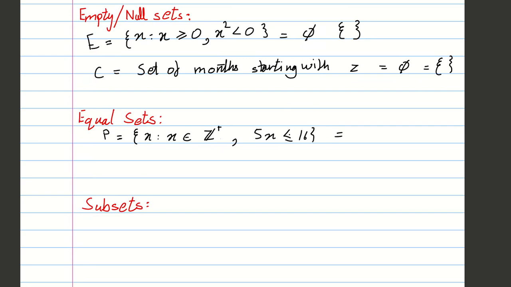Then the members and elements in this set are going to be 1, 2, and 3. It won't be 4 because 4 times 5 is 20, which is greater than 16. So we'll have 1, 2, 3.